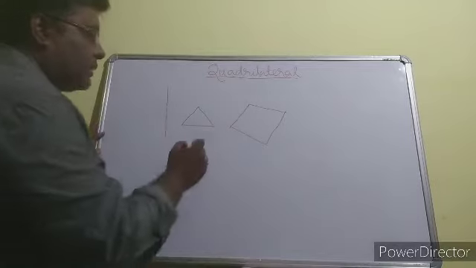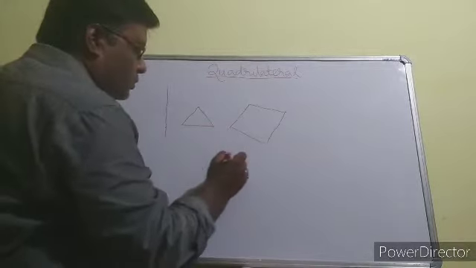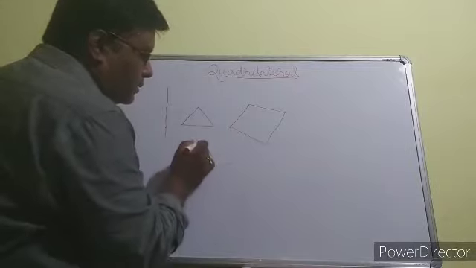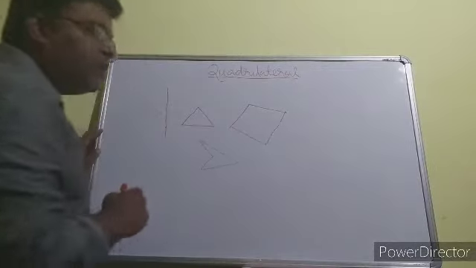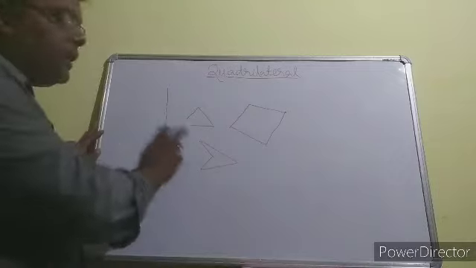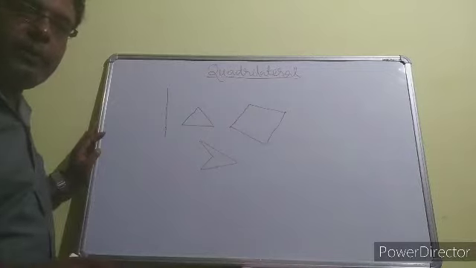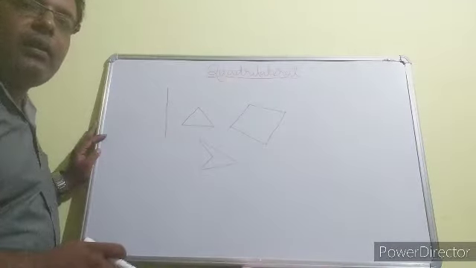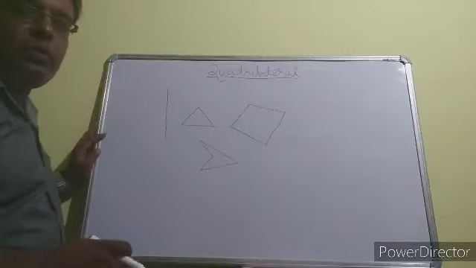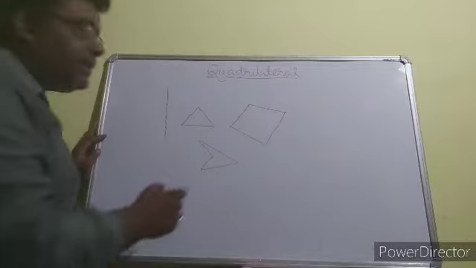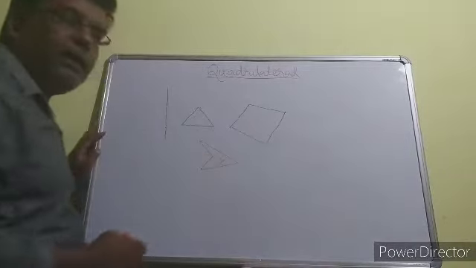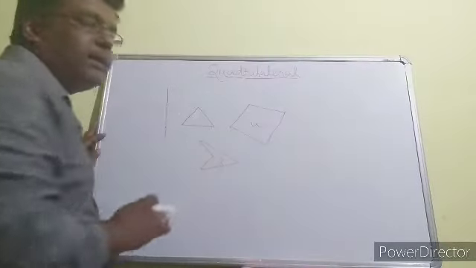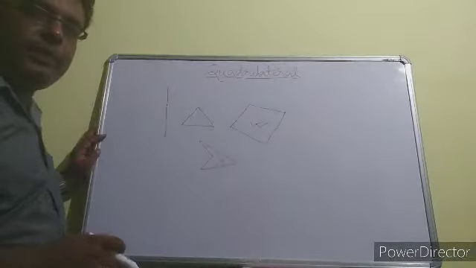But the 4 points may be like this also. That is, if we join these 4 points, then we may get a figure like this also. But it is called a concave quadrilateral. But we will not discuss this quadrilateral here. We will discuss only this type of quadrilateral in our studies.